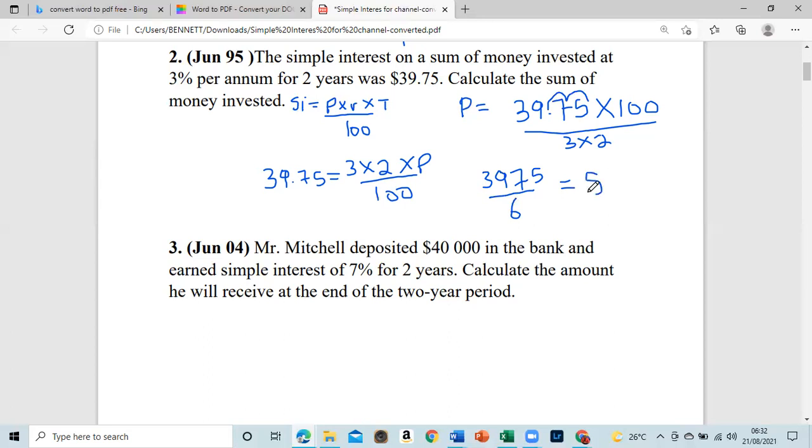So the principal invested was $662.50. And that would be the principal.